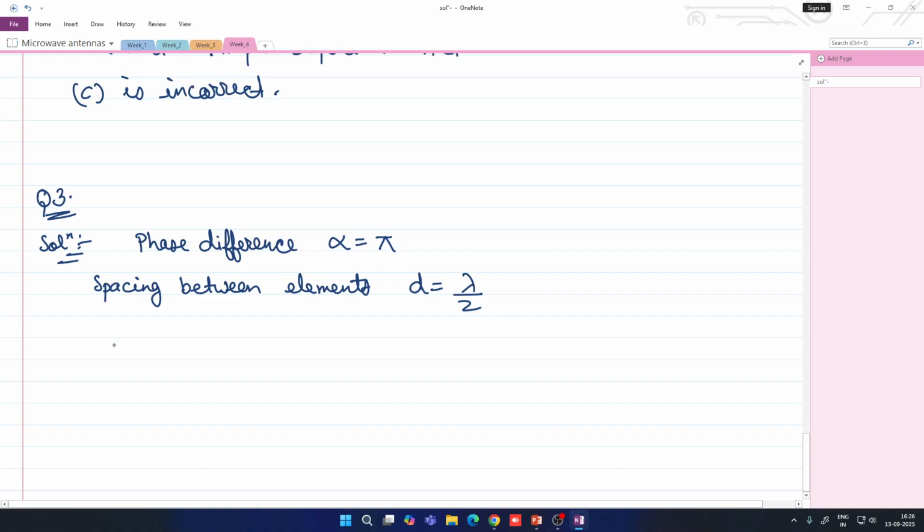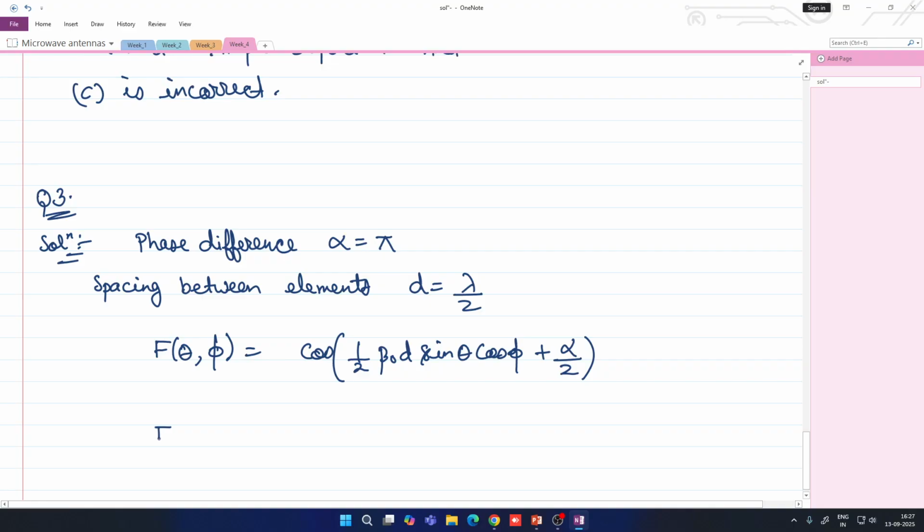So now we have to find out the simplified array factor for it. So we know that the array factor is given by cos of 1 by 2 beta naught d sin theta cos phi plus alpha by 2, where alpha is the phase difference.